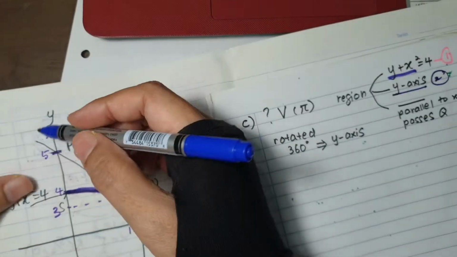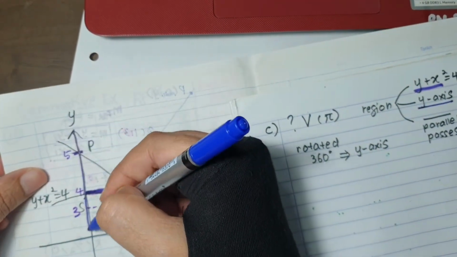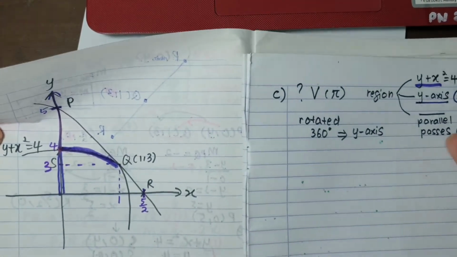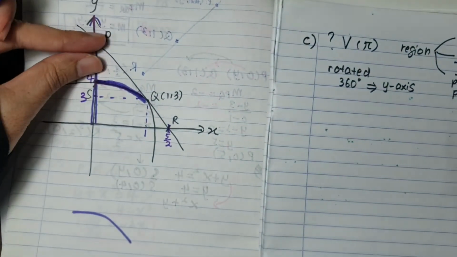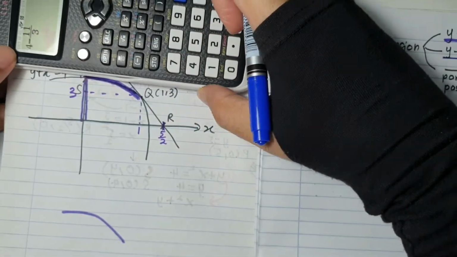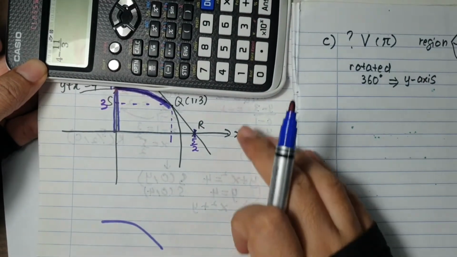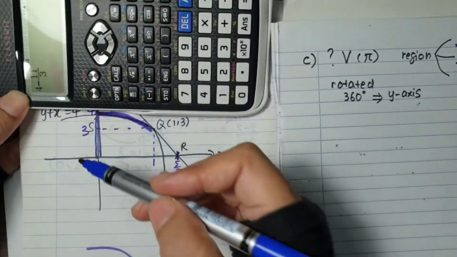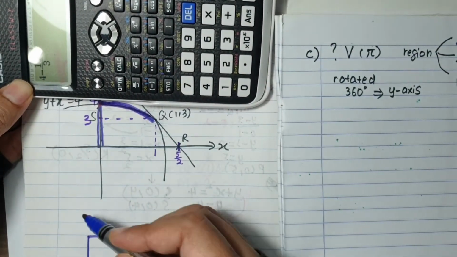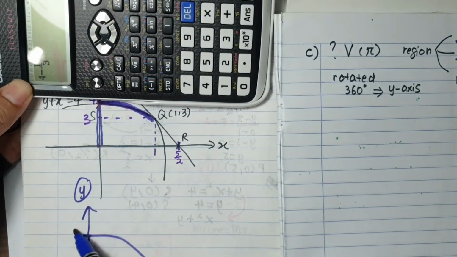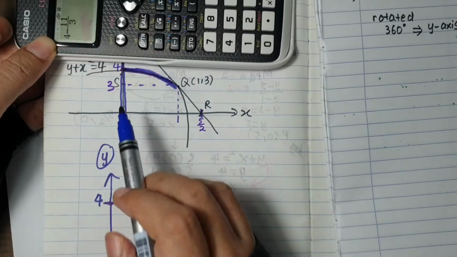So this is your y-axis. But because it already said bounded by the curve, this part is not involved. Because it says bounded by the y-axis, so we take only up to here. Here just now was 4, right?